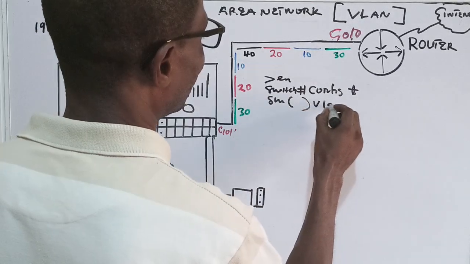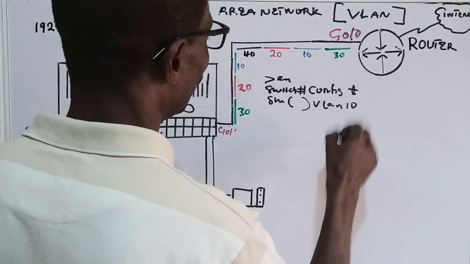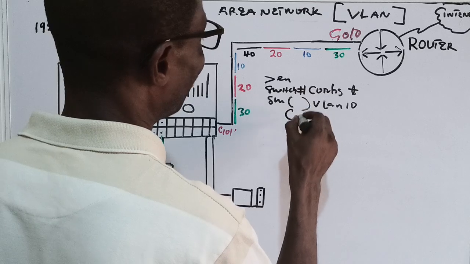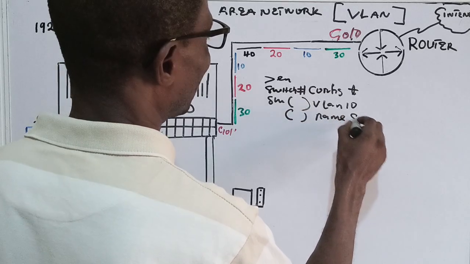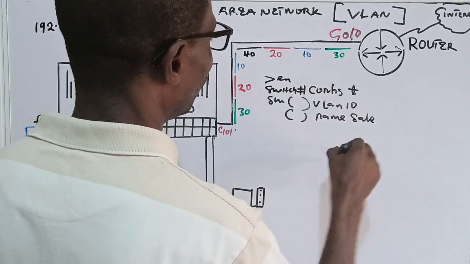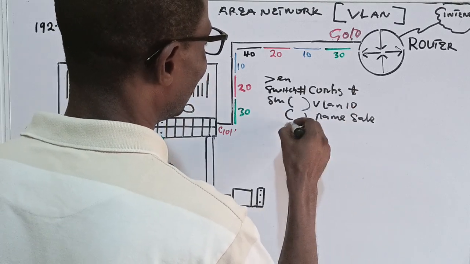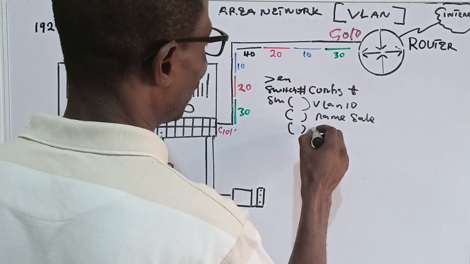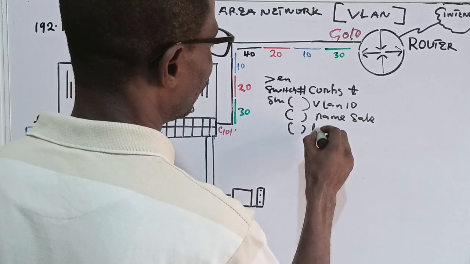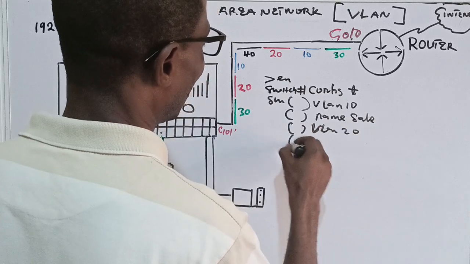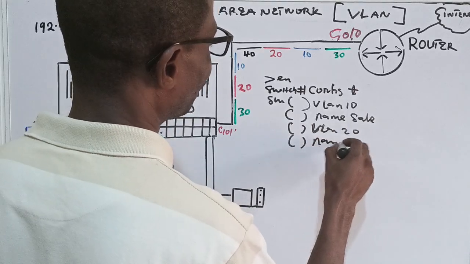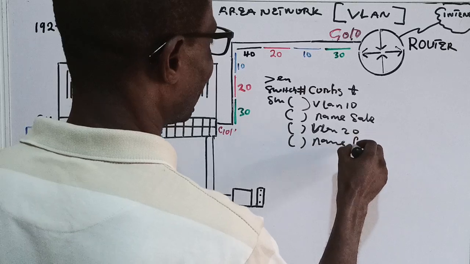You put VLAN 10 and hit enter. You're in VLAN mode now. You name it sales. You hit enter, then put exit to come back to global configuration mode, where you put VLAN 20. You hit enter and name it finance.